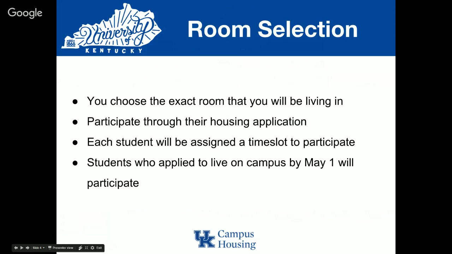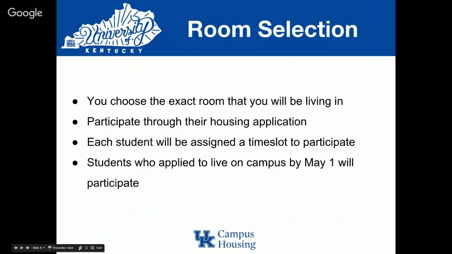You're going to participate through your housing application. You should be looking for an email coming probably in the next day or so to talk to you about when your time slot is to participate. Each student who participates in room selection will receive a specific time slot. Not everyone will be going at the exact same time, but basically, those time slots are assigned on application date basis.